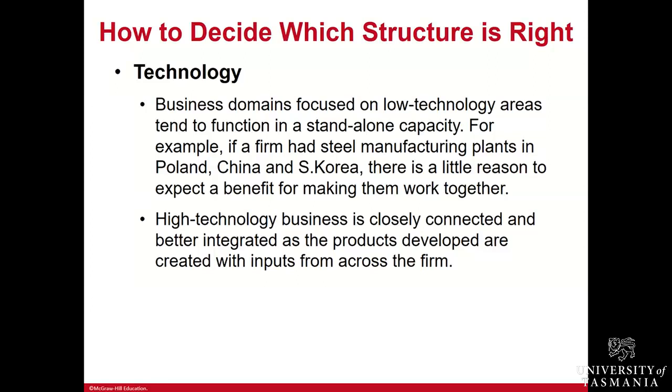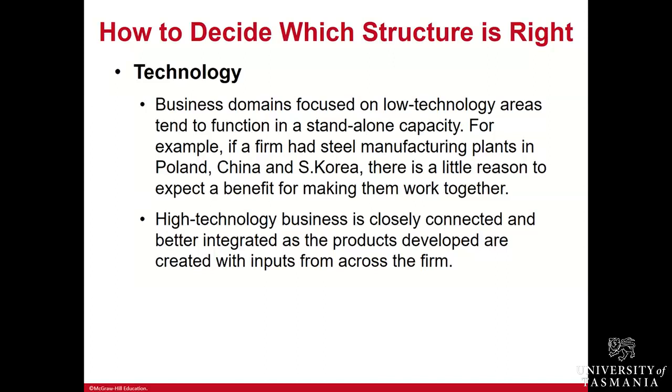Let's say you're producing high technology final products, just name it: mobile phones, laptops, computers. For these companies, like high technology business, it is better to have a divisional structure rather than a strategic business unit because they are sharing their technology, they are sharing their knowledge. But in the first example, low technology, they can function standalone.